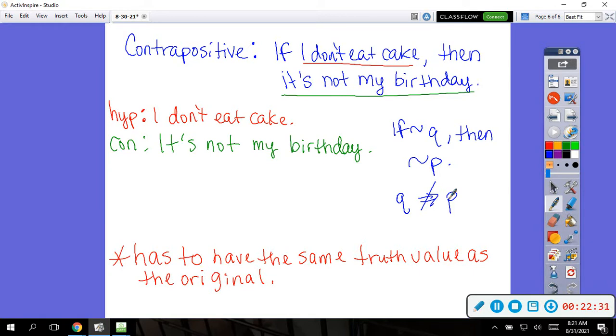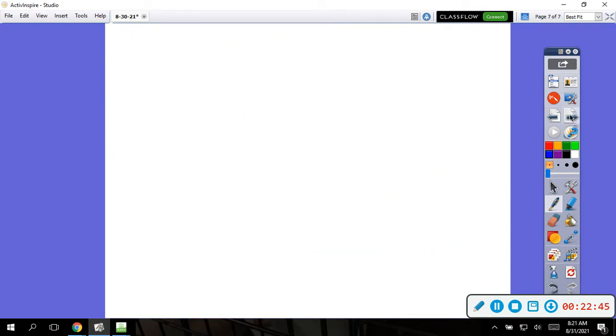So if it were true in every direction, meaning the first sentence was true, but then so was the second sentence, that's our last kind of conditional, and it's called a biconditional. When you think of the word bi in real life, it means two, for both.